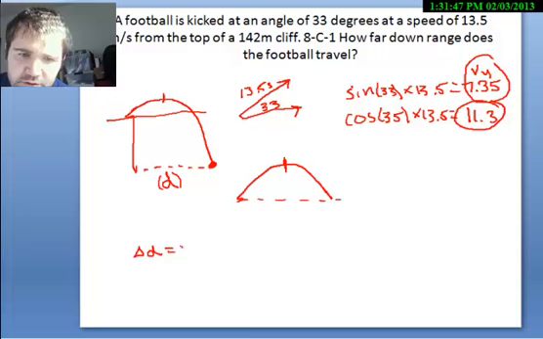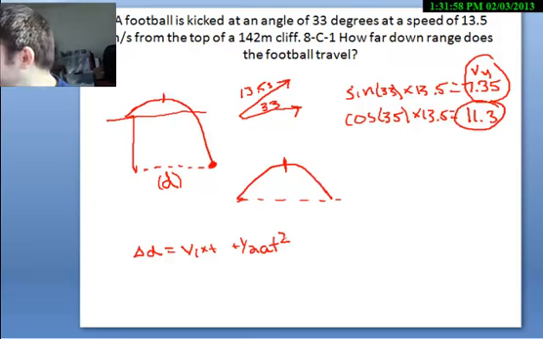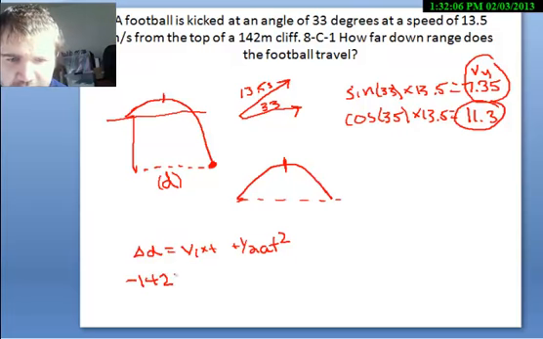So now there's only one equation that's going to work here, and we know that the change in distance is equal to velocity initial times time plus 1/2 acceleration times time squared. The change in distance, I know it has to fall 142 meters, and I'm going to put negative 142 meters in here because this distance is downwards and its initial velocity is upwards. So we've got to make sure those values are opposite.